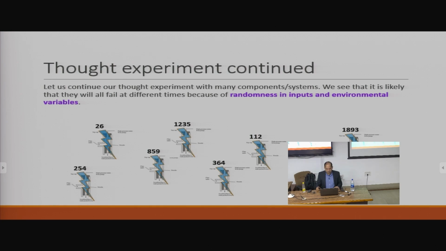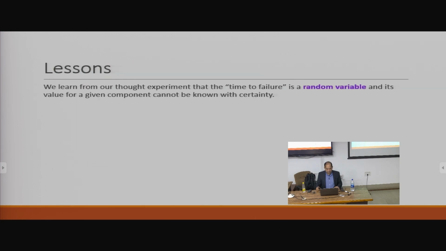So, okay, lessons. Time to failure of components and systems is a random variable. Okay, we already know, when we start talking about random variables, we need to characterize their distributions using probability distribution functions, probability density functions, or CDFs.